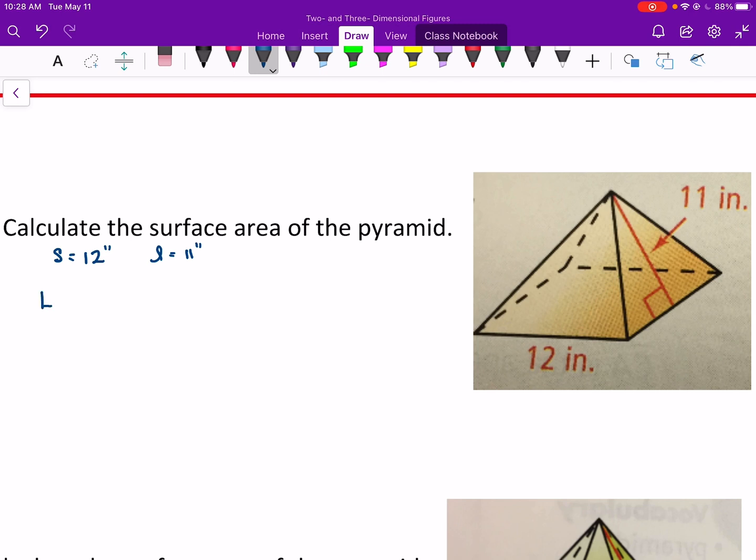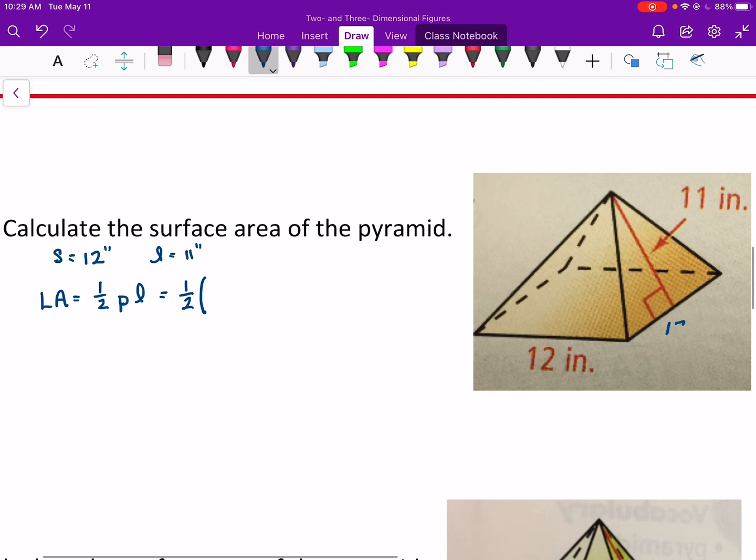So formula, lateral area is 1/2 the perimeter times the slant height. Plug in the parts. Since we have a square on the bottom, one side is 12 inches. That means all the sides are 12 inches. So our perimeter is 4 times 12. And then we're going to multiply that times our slant height, which is 11.